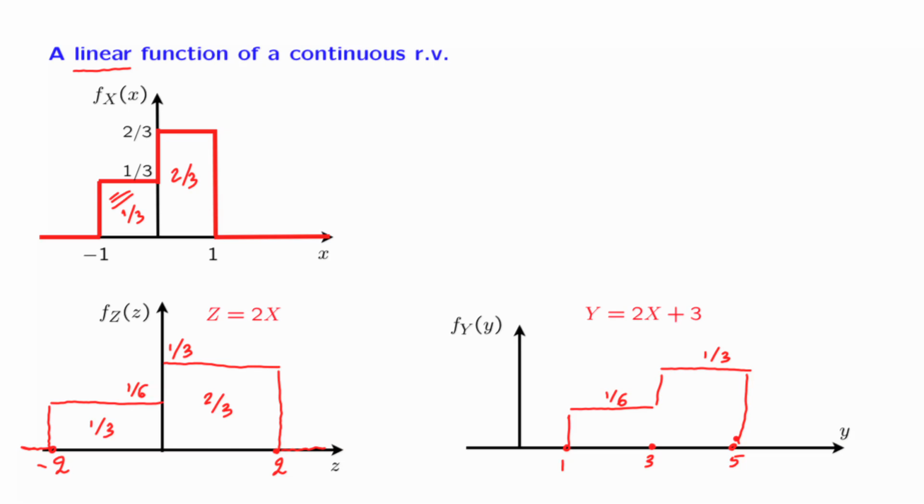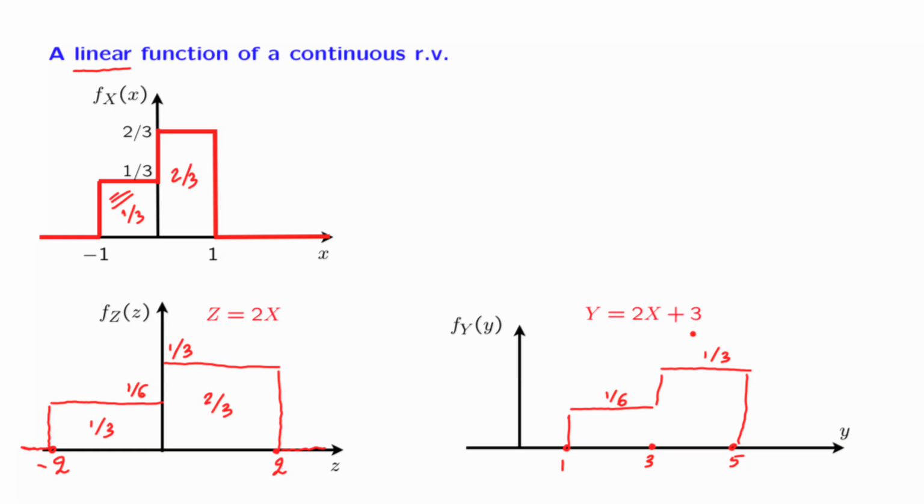So what happens here is that when we add 3 to a random variable, the PDF just gets shifted by 3, but otherwise retains the same shape. So the story is entirely similar to what happened in the discrete case. We start with a PDF of x. We stretch it horizontally by a factor of 2, and then we shift it horizontally by 3.